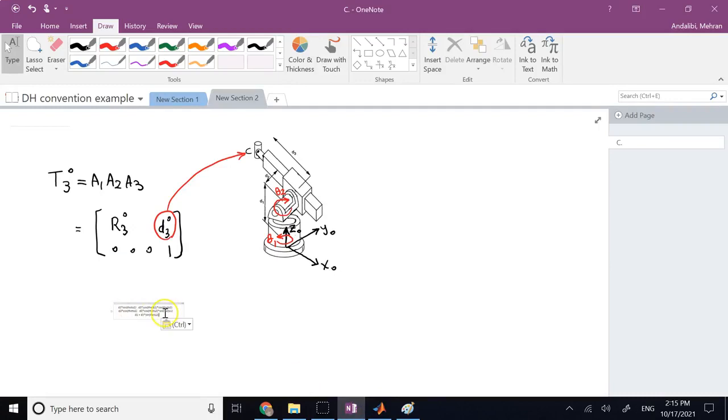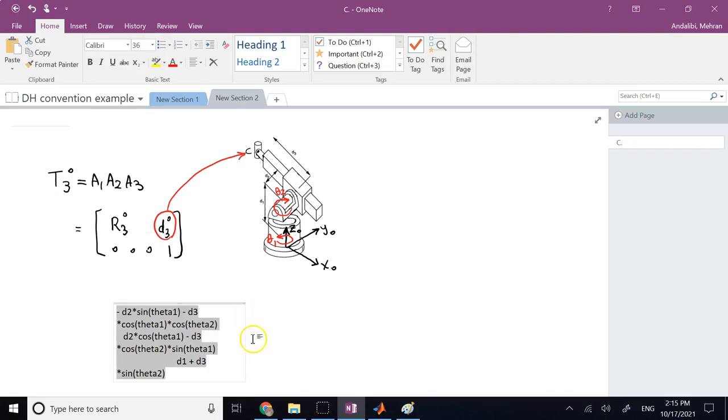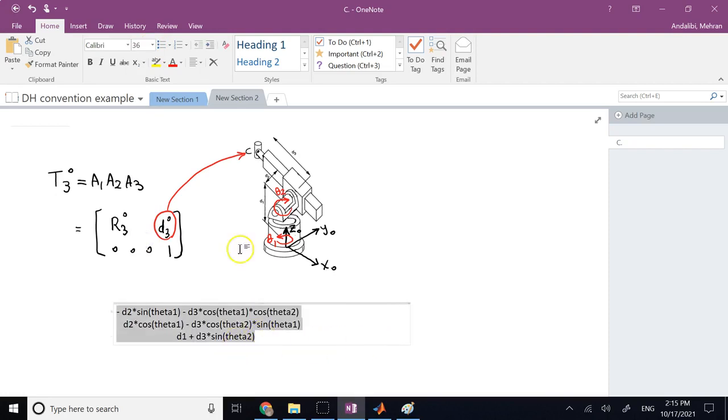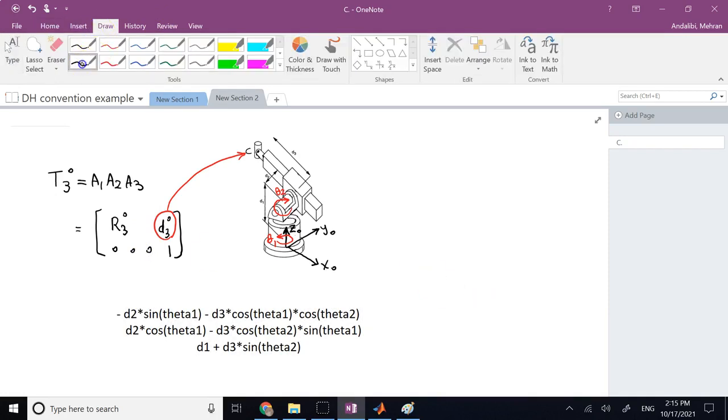So these are my functions, right? XC, YC, and ZC, for which I already found the numbers, right? These are my functions. So let me write them down for you here.